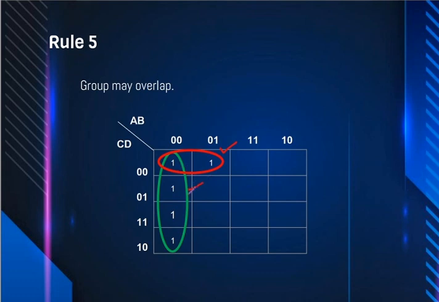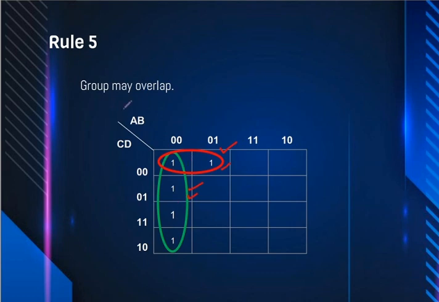When we make these 4 variable groups, this one variable was standing alone, and according to rule number 4, cells containing 1 must be grouped. We cannot leave this one alone. We have to merge this one with another one so that we can have another group. So that is called group may be overlapping.